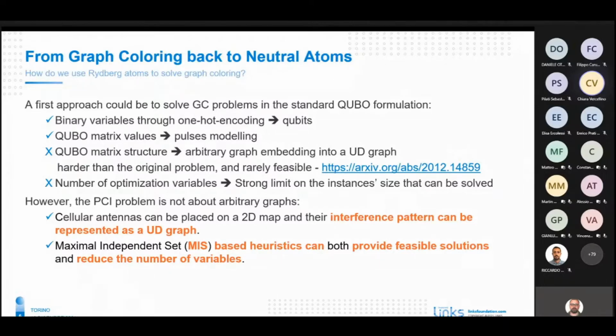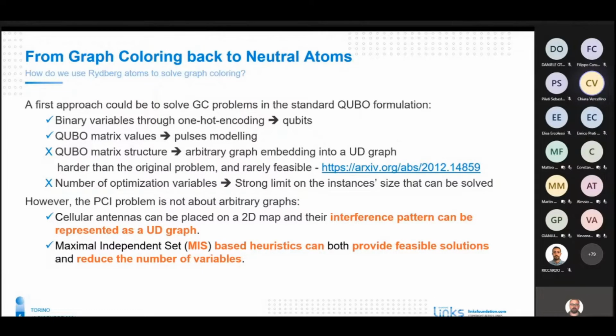And the other fact is that using the one-hot encoding formulation would imply using a really high number of variables, because more variables could be needed to reflect the connectivity of the graphs, but also we would need one qubit for each antenna and for each color, so it is a very high number of qubits.